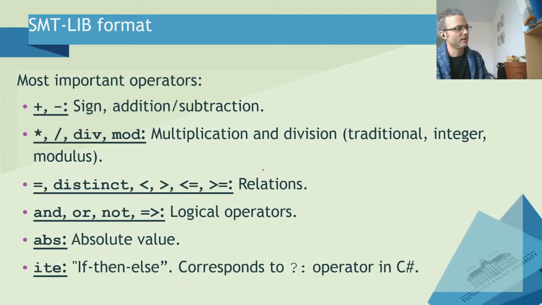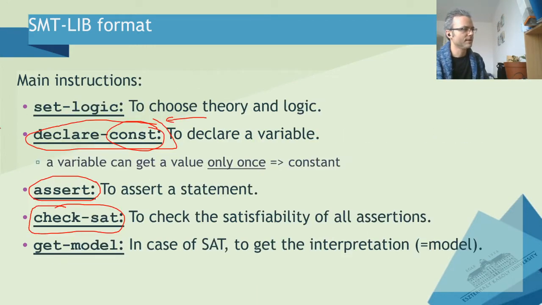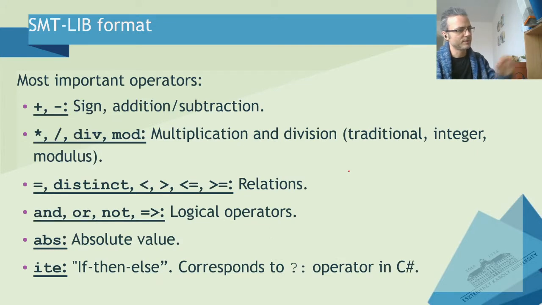I will talk about those two additional instructions later on. But let me switch to the next slide, because, of course, as in other programming languages, you can also use operators like, for example, addition, division. You can check the equality of two variables, for example.